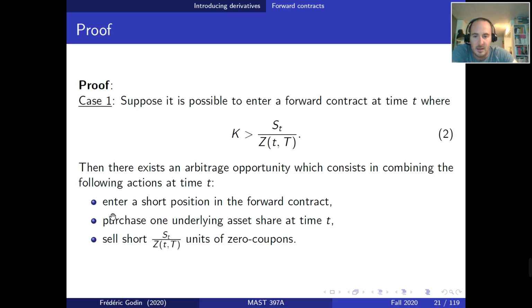It consists in entering a short position in the forward contract, purchasing one underlying asset share at time small t, at the initiation date of the forward contract, and selling short S small t divided by Z units of zero coupon. So if we set up this portfolio and if we assume the above relationship, then what would be the cash flows of such portfolio?